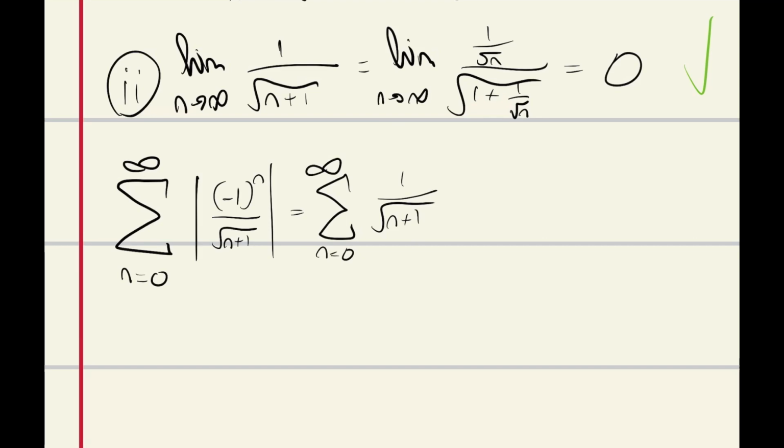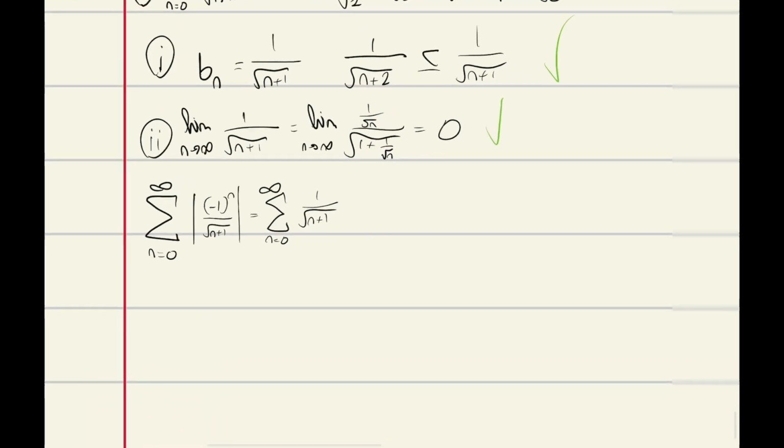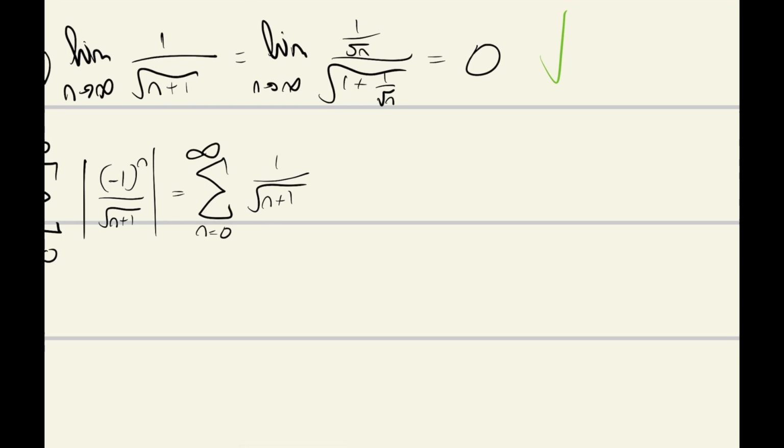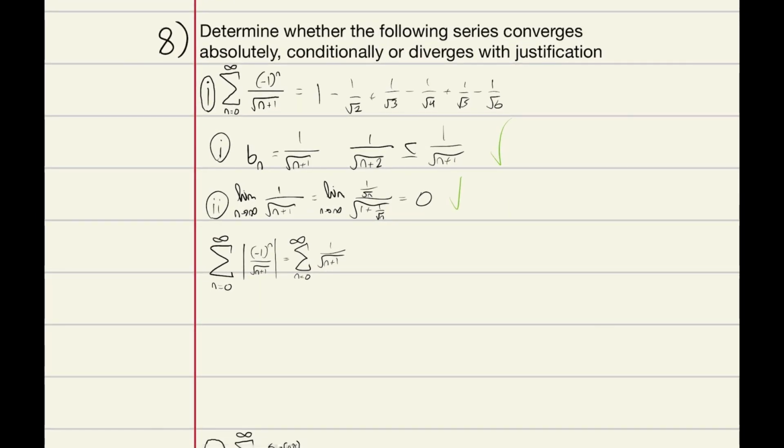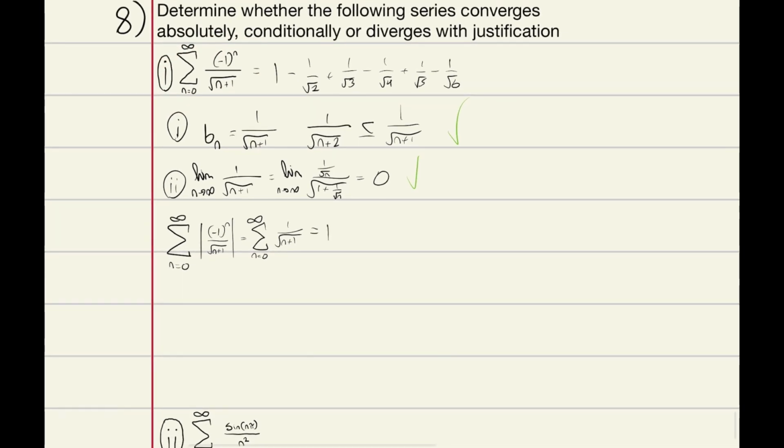And we know that this does not equal the same value as this first series, because we can take values out of here and would get 1 plus 1 over root 2 plus 1 over root 3.